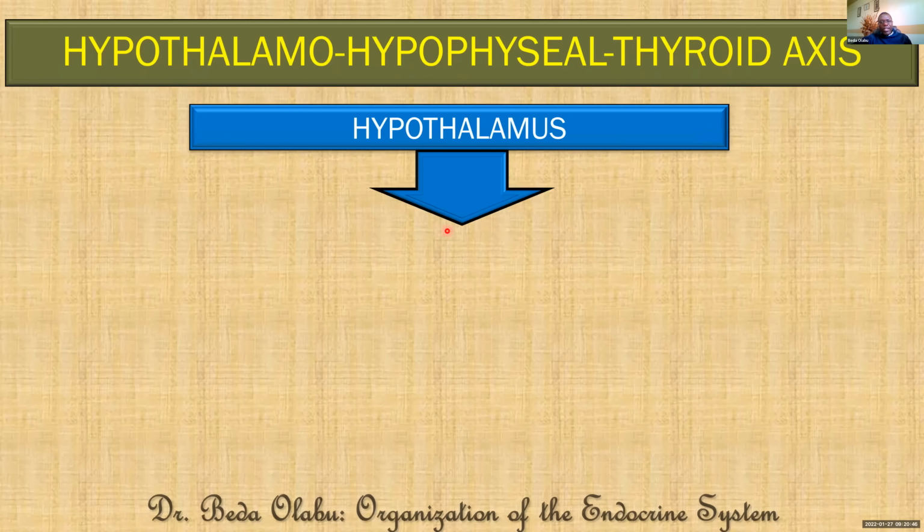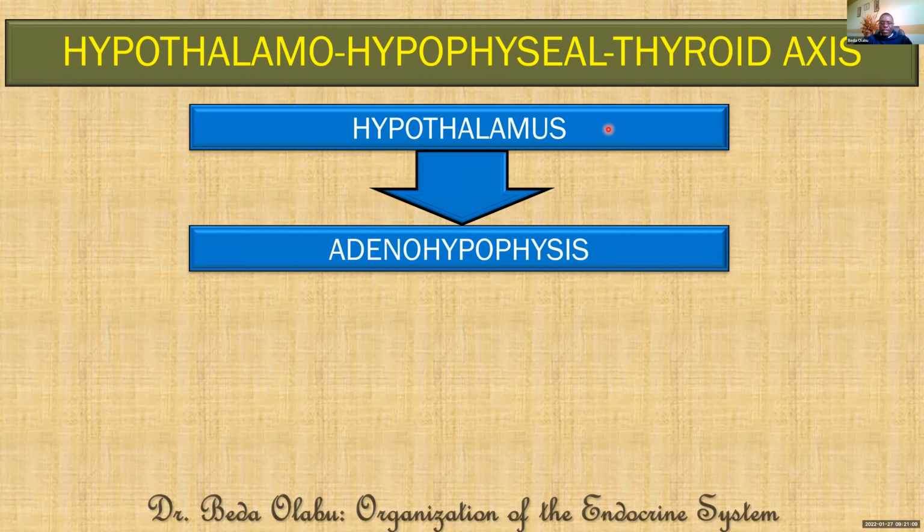Now, remember that thyroid gland is being instructed by pituitary gland, but pituitary gland was instructed by hypothalamus. Let's look at that hormonal axis. Hypothalamo-hypophyseal-thyroid hormonal axis. We mentioned that hypothalamus produces a hormone which goes to the adenohypophysis, and that hormone is called thyrotropin-releasing hormone.